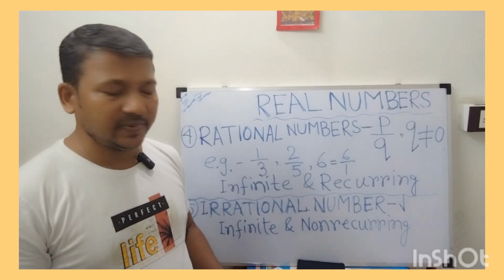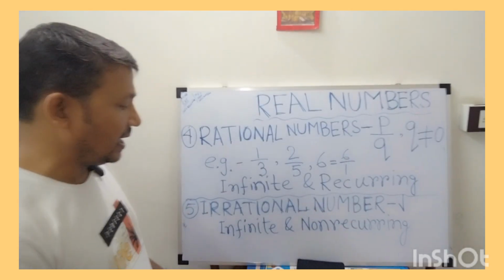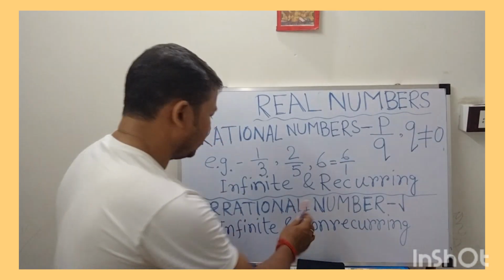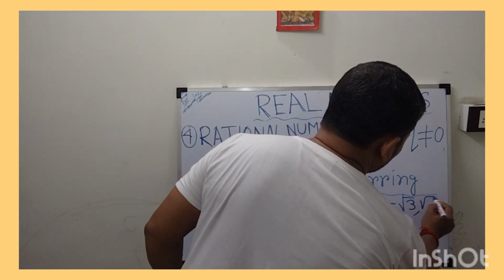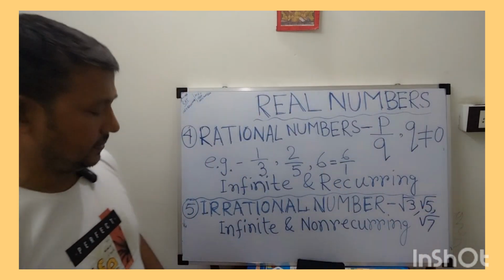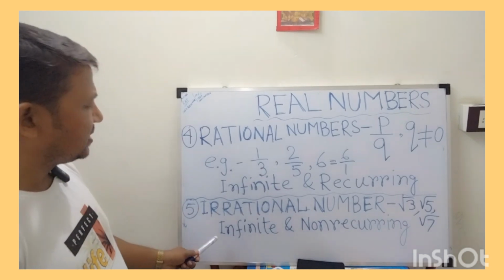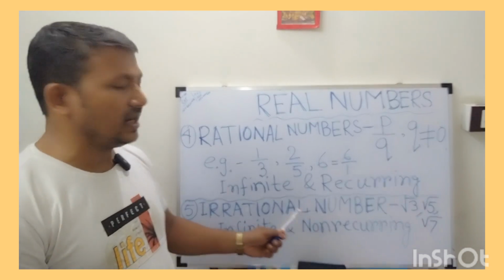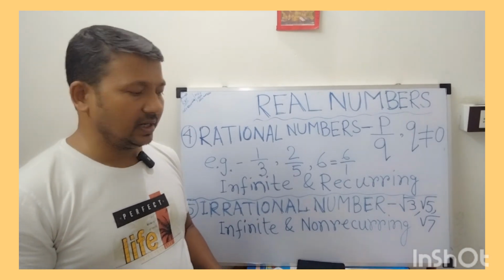Their decimal expansions are infinite and non-recurring. Examples of irrational numbers may be root 3, root 5, root 7, etc. And the decimal expansions of irrational numbers are infinite and non-recurring.